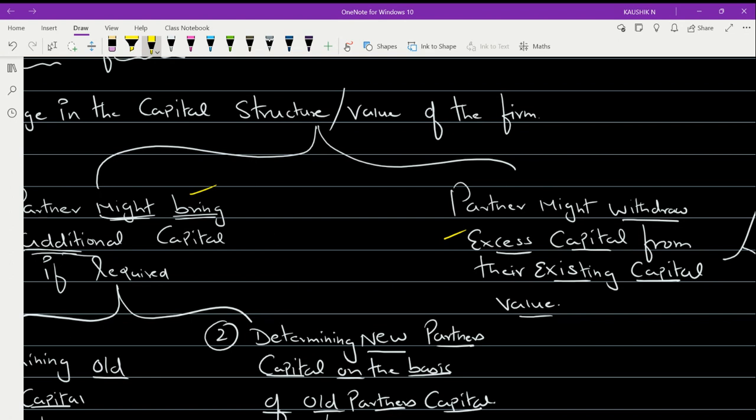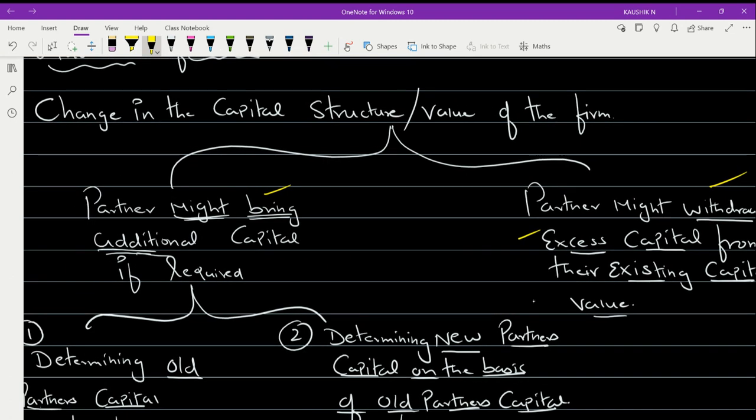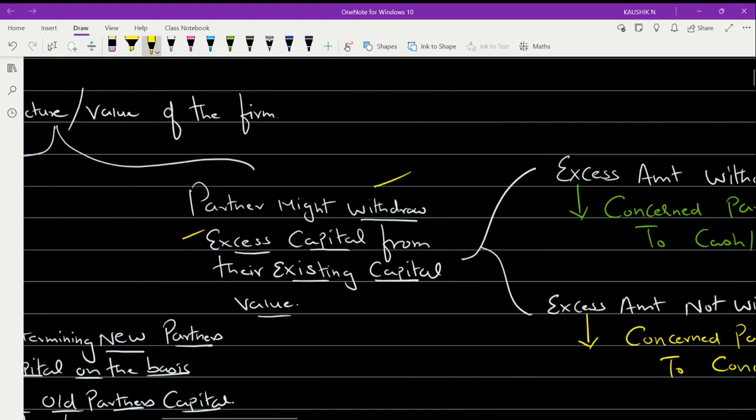He has to bring it. And if there is excess, what should be done? Very good. It should be withdrawn. If there is a shortage, the partner might bring the additional shortage amount, whereas if there is excess, they'll withdraw.